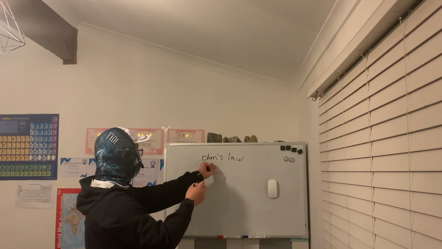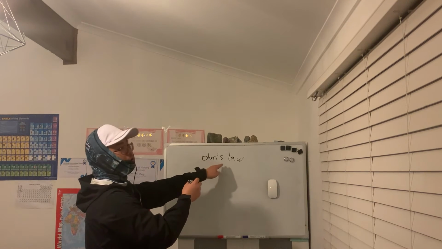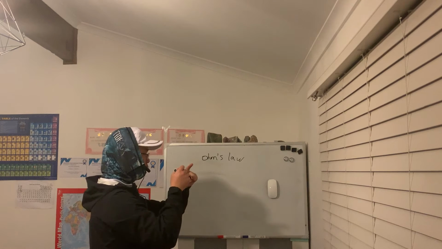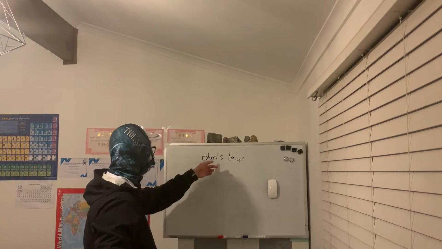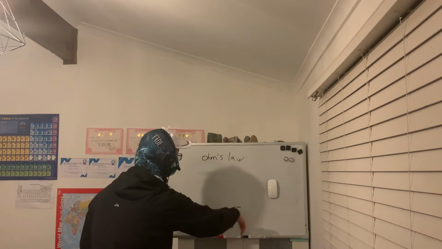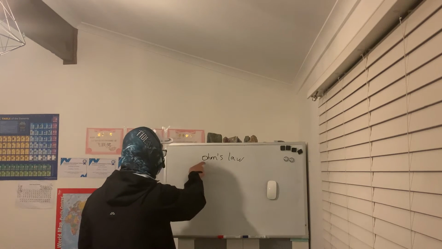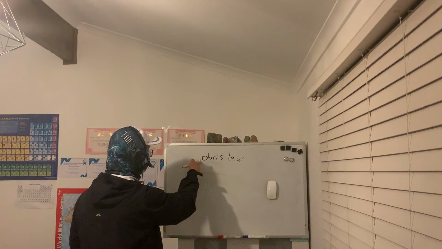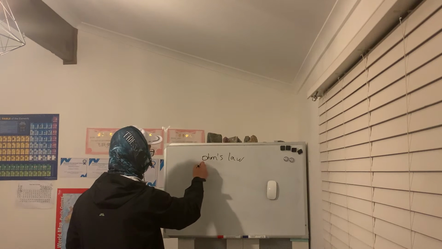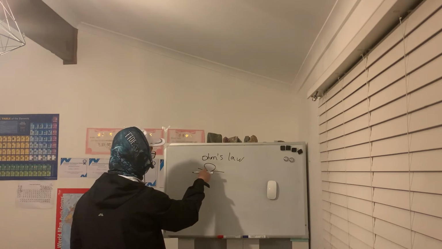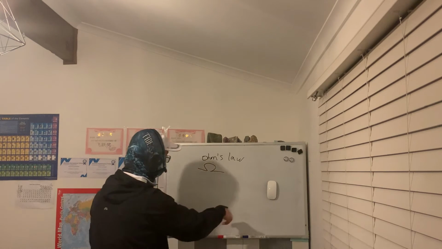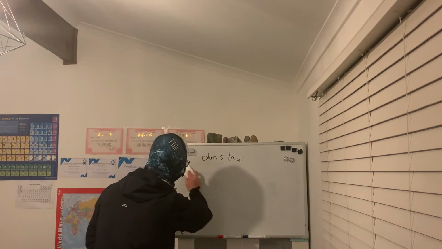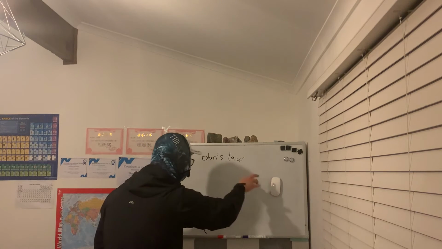Obviously, the discoverer of Ohm's Law is called Georg Simon Ohm. He is a German physicist, and the letter Ohm is written as this. I don't know which language this letter is from, but it's not English, as I can see. It's just written like that.